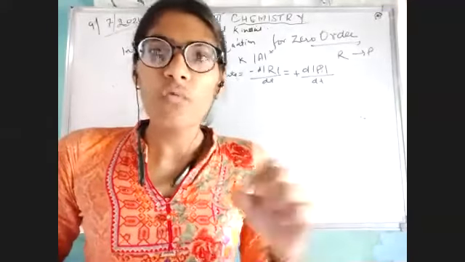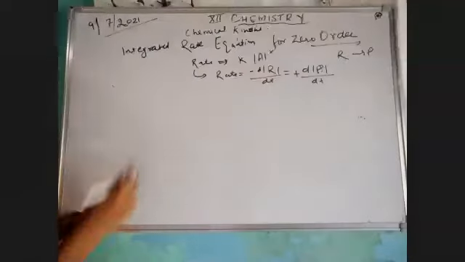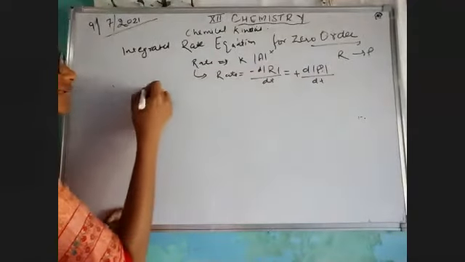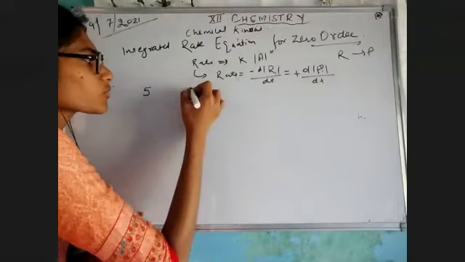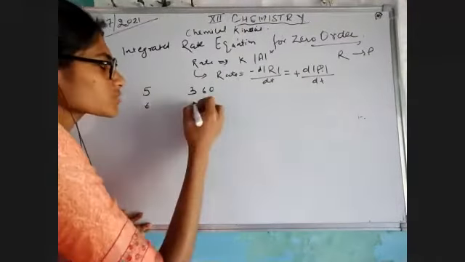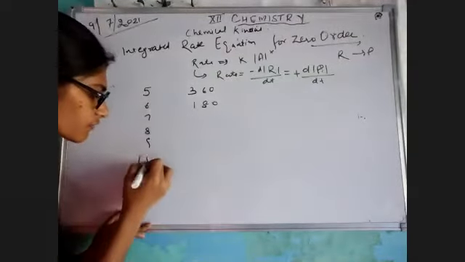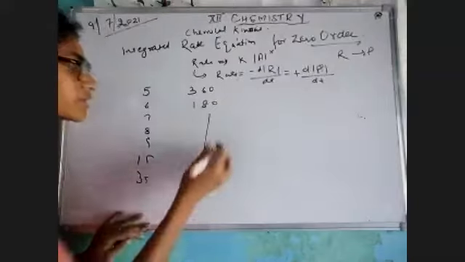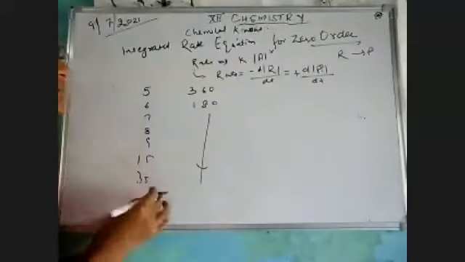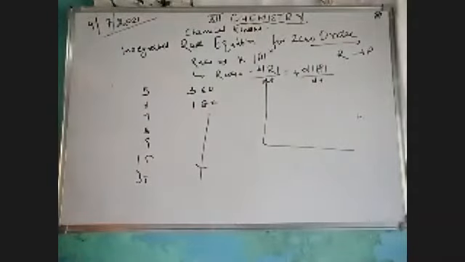So for those particular experiments, we have to take many different readings, like at 5 minutes the rate is something.